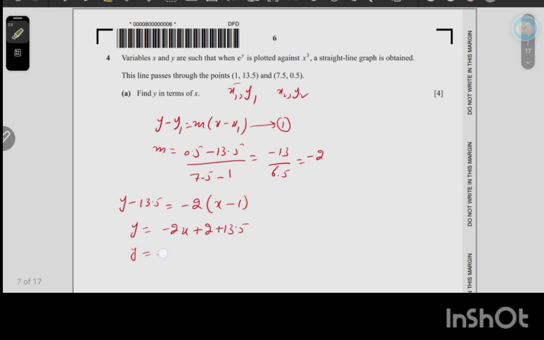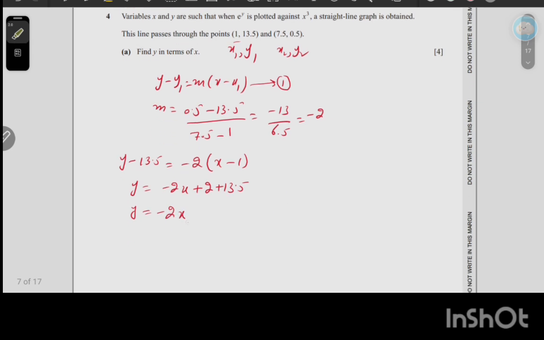Now y = -2x + 2 + 13.5, so y = -2x + 15.5.